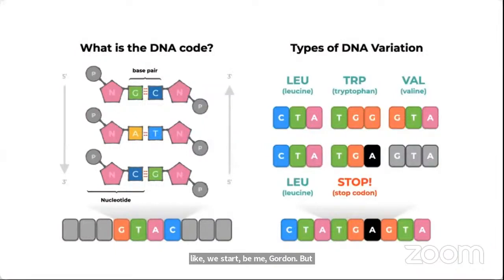The variation that we need to understand is the changes in the DNA code when we compare it with the reference sequence of any typical or healthy human being.